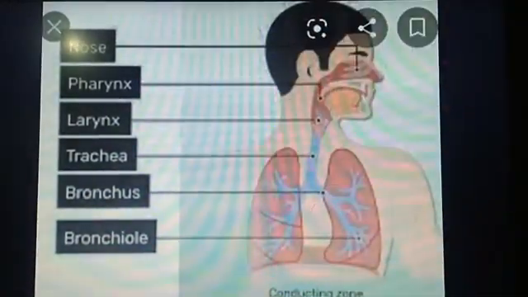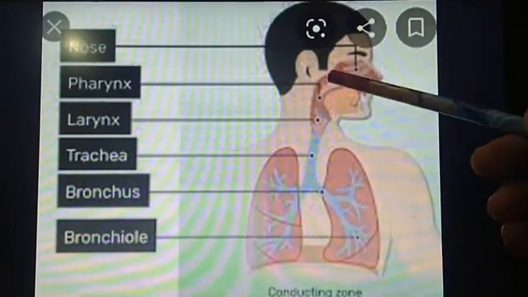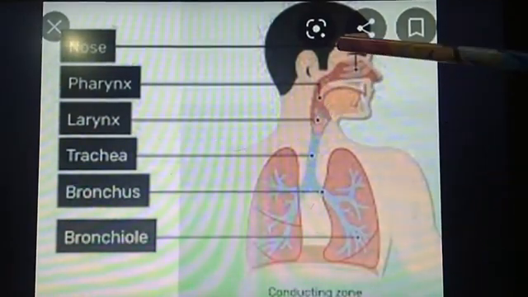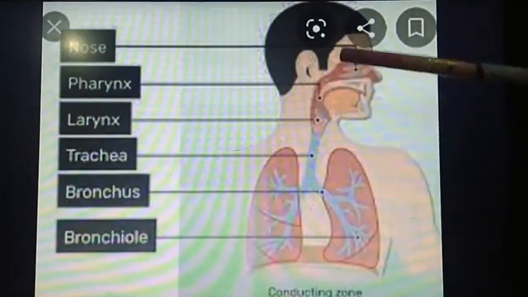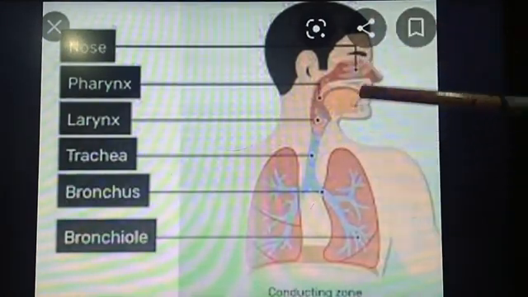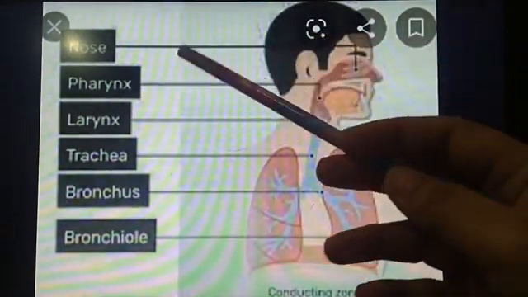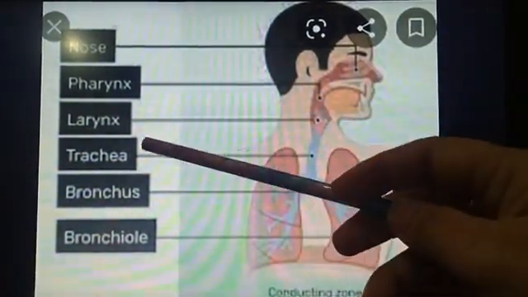The pharynx, in Greek also known as the throat, is shaped like a funnel. During respiration, it conducts air between the larynx and trachea.